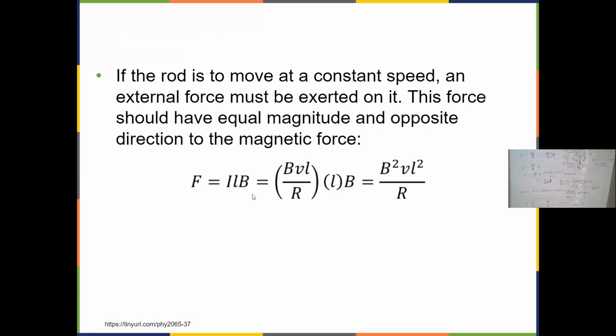Now, if you move the rod at constant speed, that means your external force should be equal to this magnetic force. Okay, so this will be the magnetic force as well as the external pulling force if your rod is moving at constant speed.